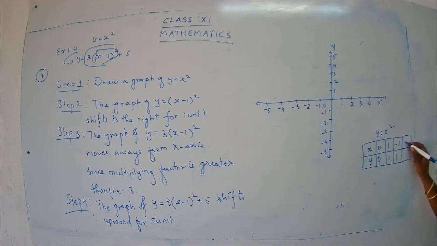Then if I take x as 2, I get 4. And similarly, if I take -2, I get 4. So just take it down. You have to draw the table and all the graphs with a pencil and a scale. So just follow it, children.